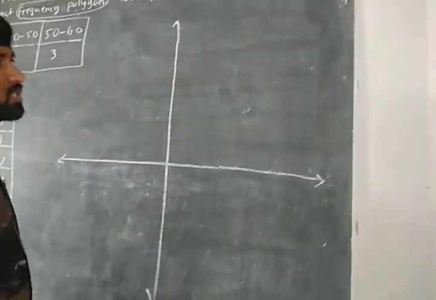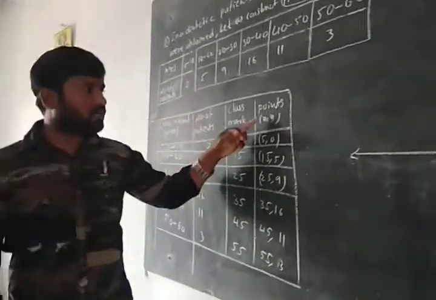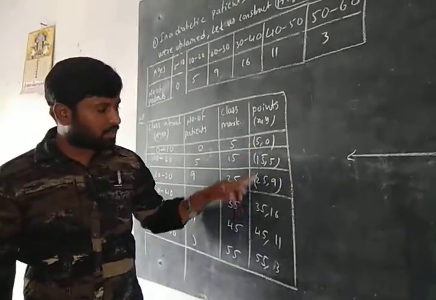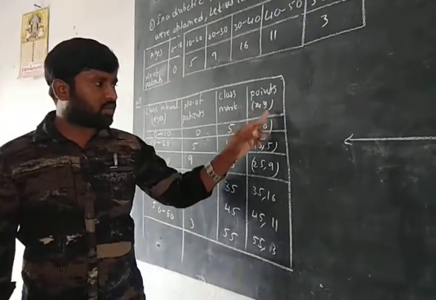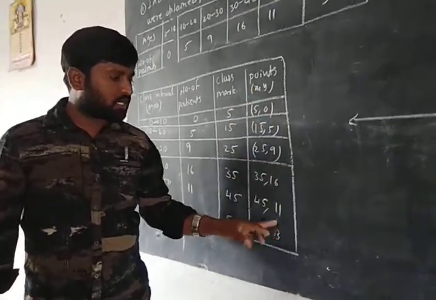Okay, so what scale am I going to take here? You observe here the x values are big values and the y values are small values only.